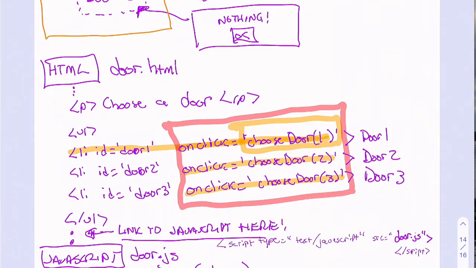So I don't want JavaScript code to appear in my HTML. If you can imagine that if this JavaScript code was generated by Python in the back end, now your Python code has to not only generate the HTML, but also generate some special JavaScript code to stick in the HTML. That's bad news.